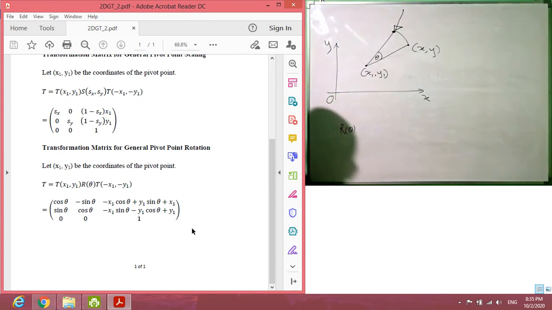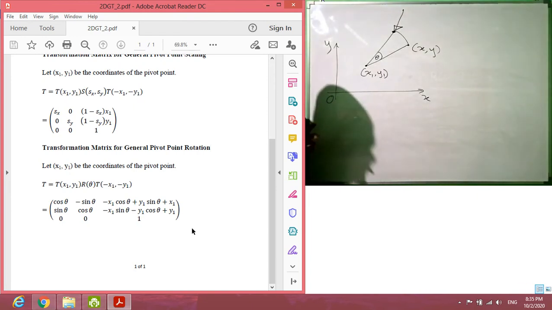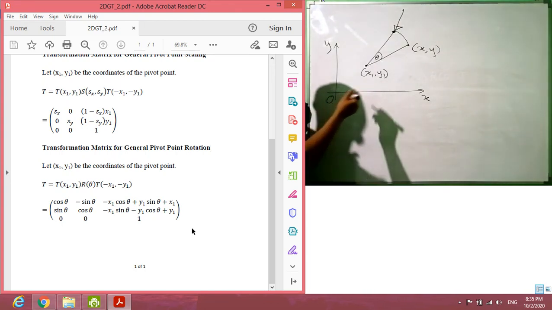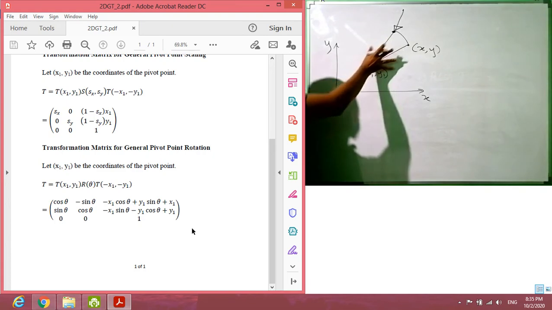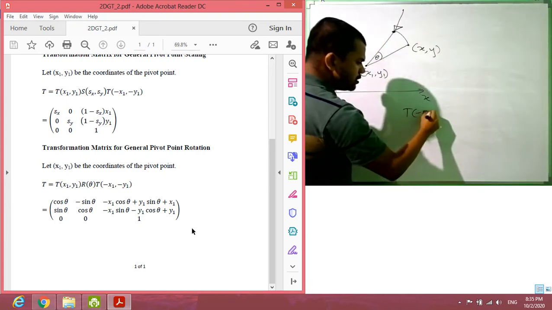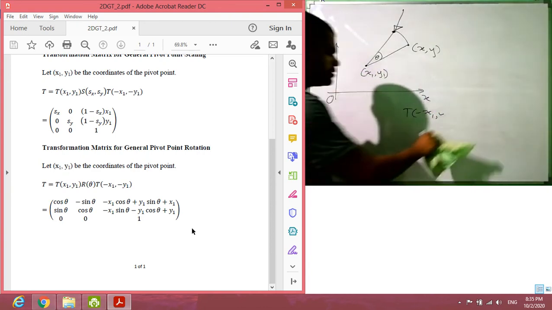So in order to do that, we know how to rotate around the origin. Then what we should do is we first translate to the origin. That's what we did like this.